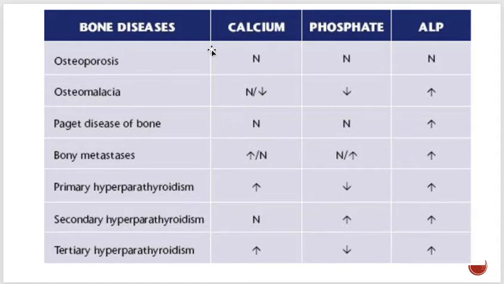Now, when we order a bone profile, these are the things which we will get. Okay. And before going on, I think you understand the calcium and phosphate, as I told you, the things related to PTH, but let's talk about ALP, alkaline phosphatase.